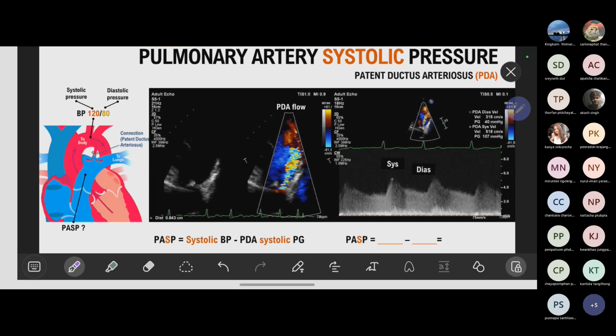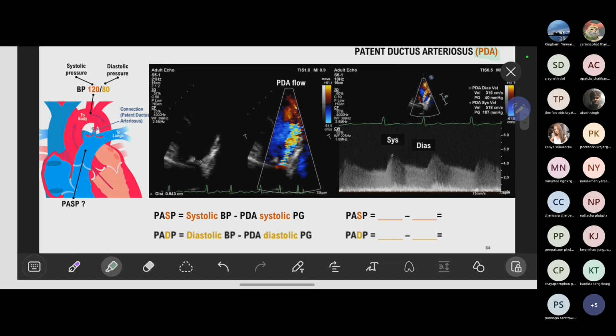In a patient with patent ductus arteriosus, or PDA, PASP and PADP can be estimated by CW Doppler cursor through the PDA flow.